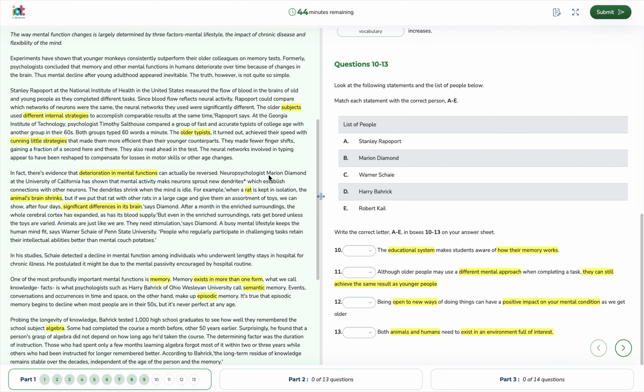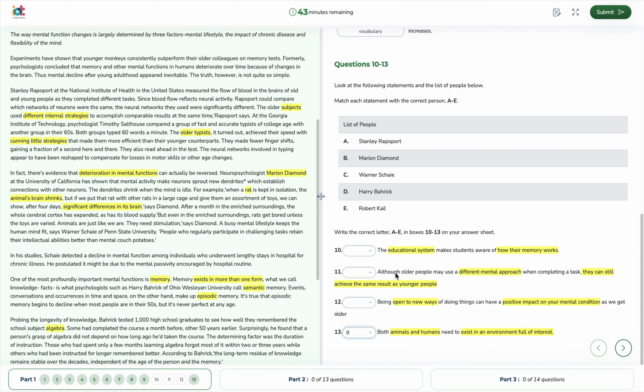Correct? So without wasting any time, I'll see which was the person or the neurologist who did it. It was Marian Diamond. So the answer for this one will be B, because she established a connection between human beings and animals needing to exist in an environment full of interest. So I just use that.